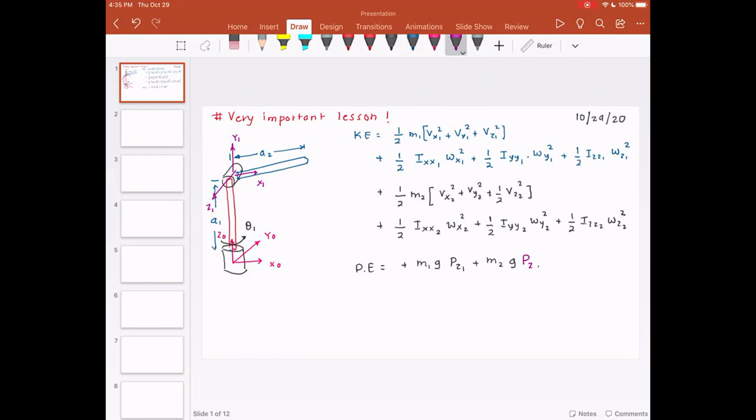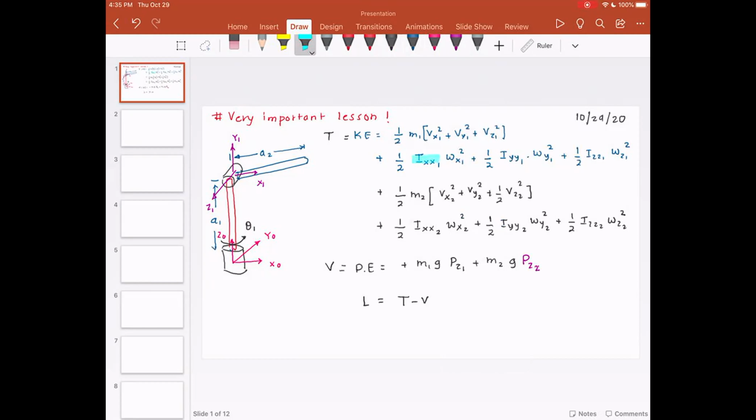Then we have the Lagrangian, L, which is the total kinetic energy T minus V. Now, what we are going to do in today's lesson is solve this big expression using MATLAB. But before I begin, I have to emphasize key concepts.